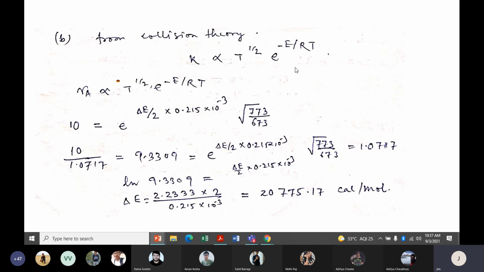The same exponential term is there, so you can multiply by the square root of 773 by 673, the temperature ratio.